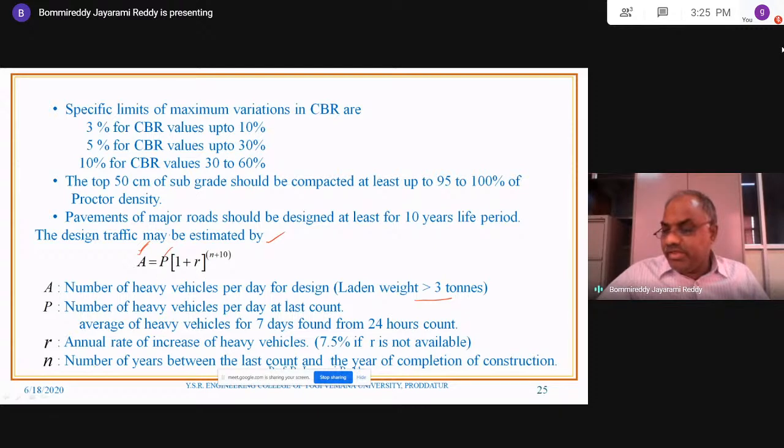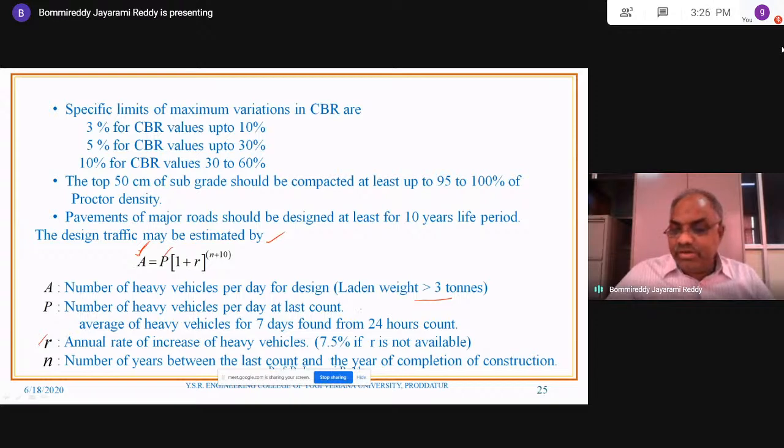It is just like a compound interest formula, and you can find the number of anticipated vehicles at the time of completion of the construction.